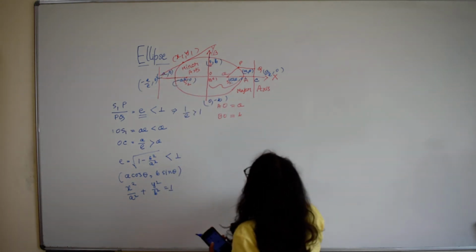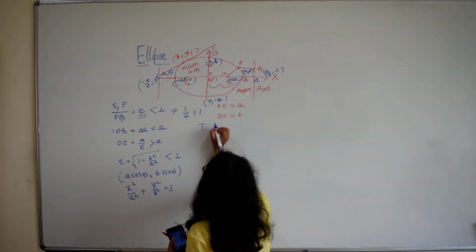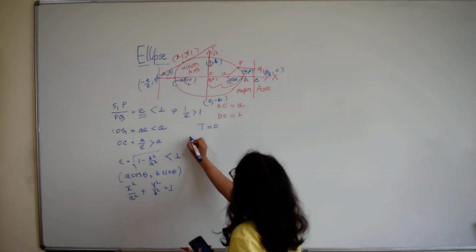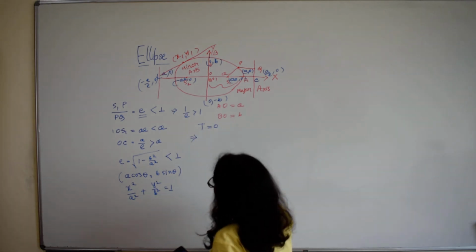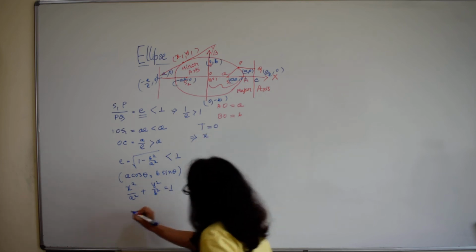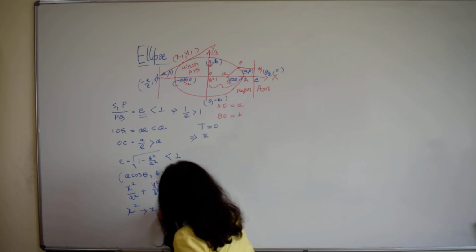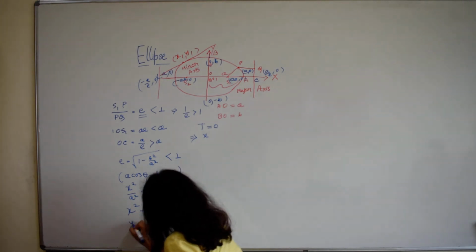Then the equation of the tangent, let's say T equal to 0, will be: we will put x equal to x1, so x square will become x into x1, y square will become y into y1.